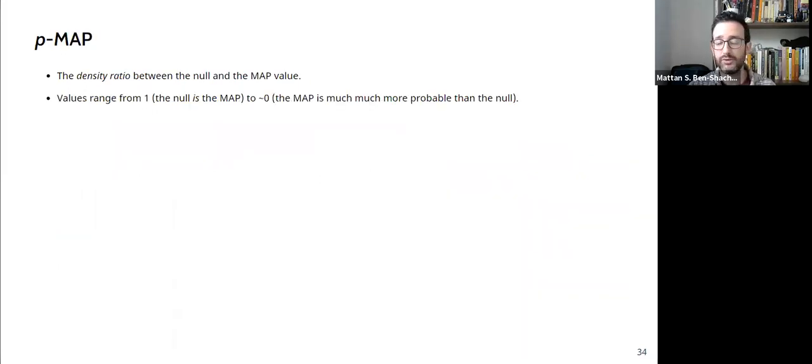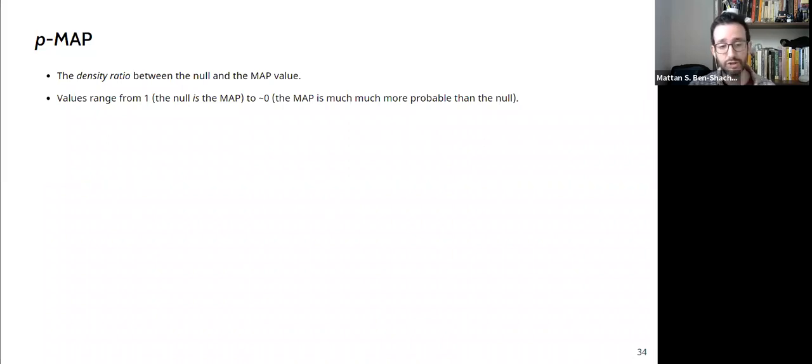Another measure is called the p-map, which is not a probability. It is a density ratio between the null value and the maximum a posteriori value, right? The most probable value in a posterior distribution. The values range between 1, where the null is the most probable value, and very, very close to 0, where the most probable value is many, many times more probable than the null.